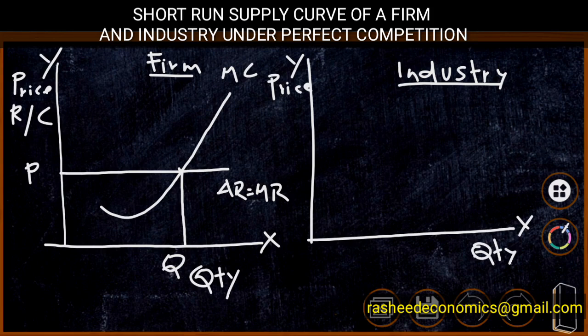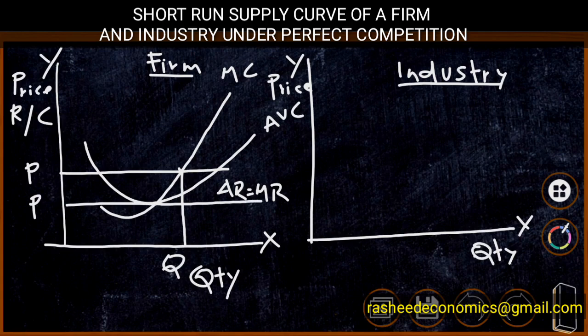Now we are going to plot an average variable cost curve here, and suppose if price falls below OP, that is to OP0, the firm will stop their production, because at this stage average variable cost of the firm is equal to price. Therefore that point is considered as the shutdown point.